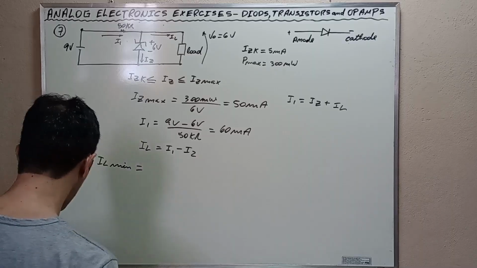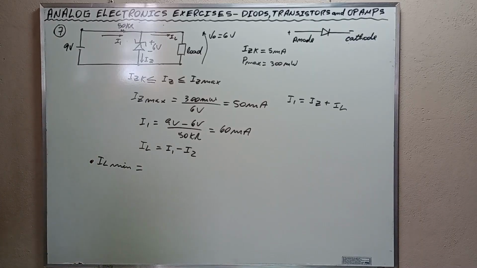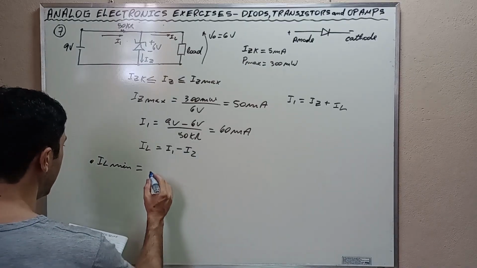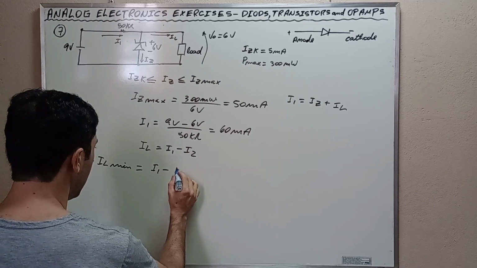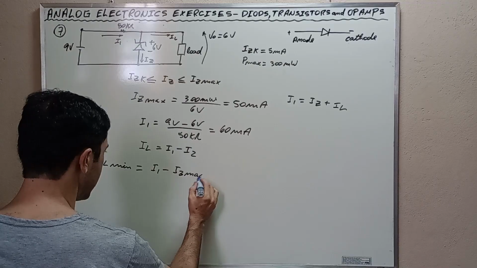The minimum value of IL occurs when the current that passes through the Zener branch is maximum. So the minimum value of IL is equal to I1 minus IZ max.